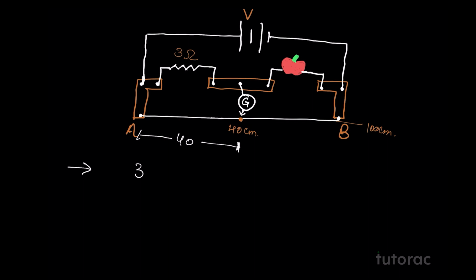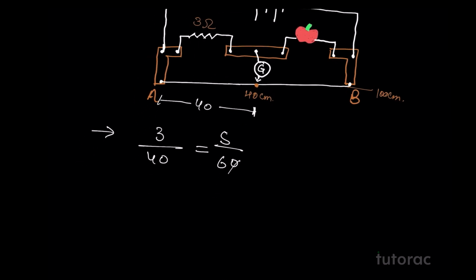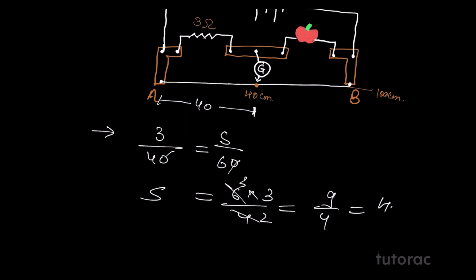It's a simple logic that 3 upon 40 needs to be equal to S, the unknown resistance, divided by this 100 minus 40, so it's nothing but 60. If I solve, S is equal to 60 into 3 upon 40, which is 9 by 2, and we get 4.5 ohm as our final answer.